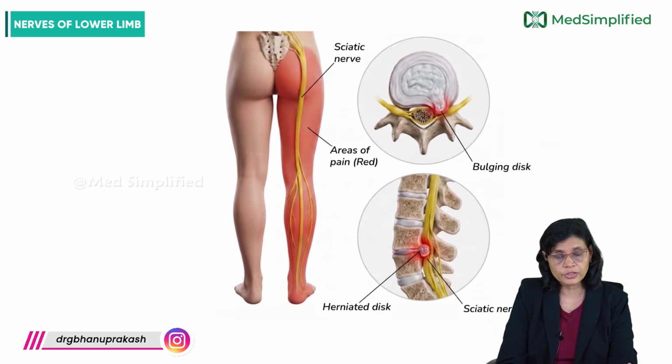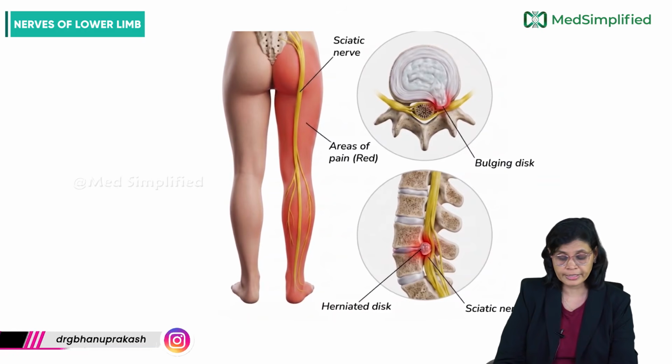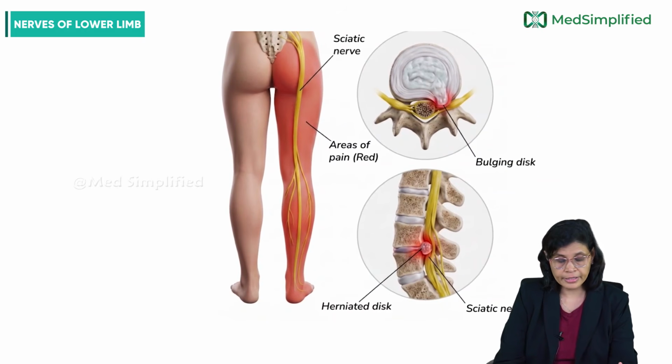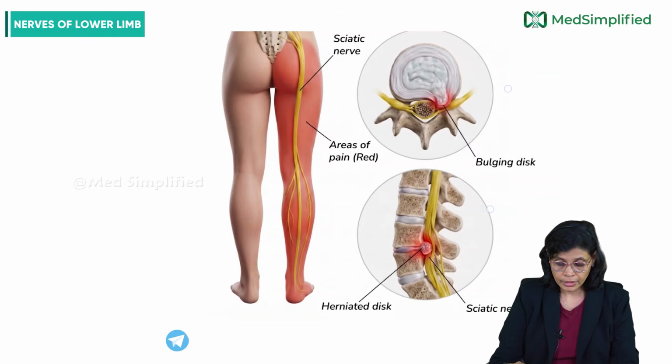Whereas the sensory branches of the common peroneal nerve supply skin on the anterolateral aspect of the leg and the whole of the dorsum of the foot, except the cleft area, which is supplied by the deep peroneal nerve. So that is the sensory supply of the branches of the sciatic nerve.